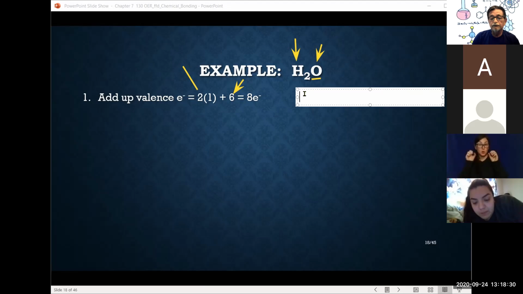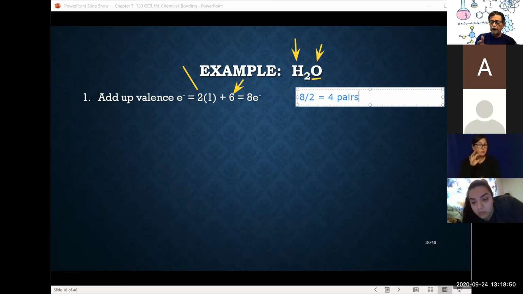And so once I figure out that I got 8 valence electrons, that also tells me that I have 4 pairs of electrons, because every bond is a pair. So for me, it's easier to keep track of the pairs than count each individual electron.